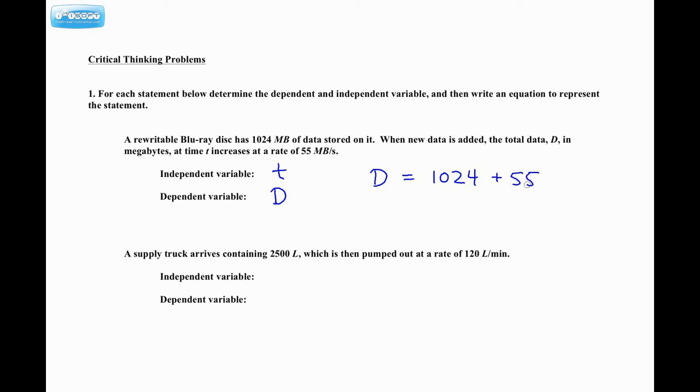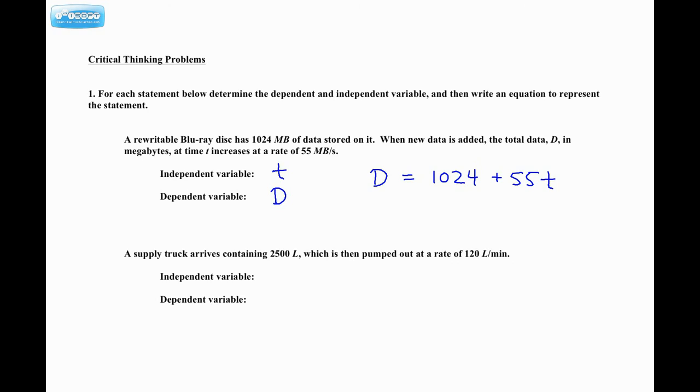So 55 megabytes per second, multiplying the amount of time, this term here will tell us how much data has actually been added. And adding it to the original gives us the total. If you were to graph this, by the way, if this was y and this was x, the 55 would actually be the slope. And the y-intercept, or in this case, the d-intercept, would be 1024.